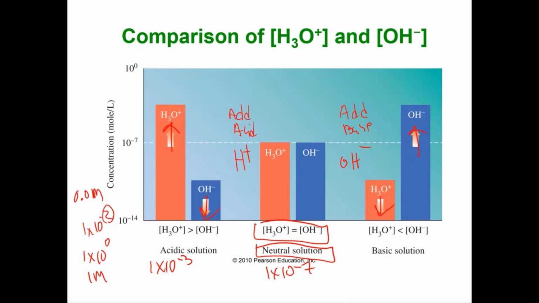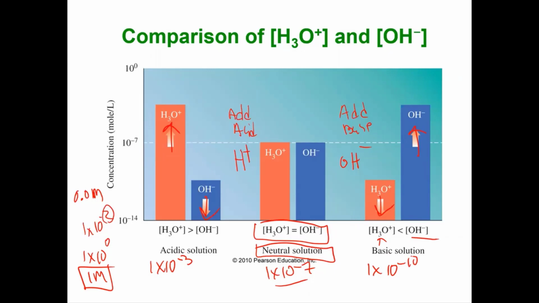So negative 2 is 0.01 molar, which is less than 1 molar, right? And then if the hydronium concentration is less than hydroxide, so less than this, it might be like 1 times 10 to the minus 10 molar.